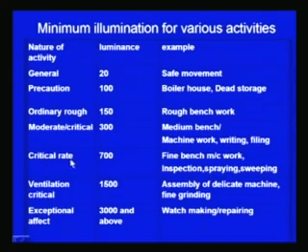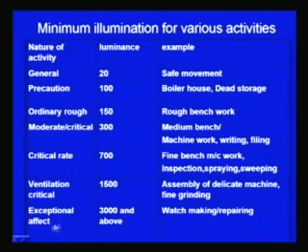and for critical work 700 units of light are required, like fine bench and machine work, inspection, spraying, sweeping, etc. Jobs that are very critical, like assembly of delicate machines and fine grinding operations, require 1500 units of light.